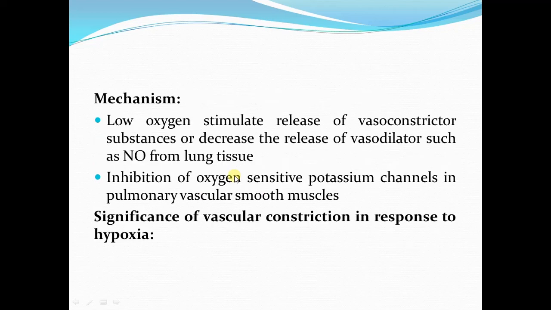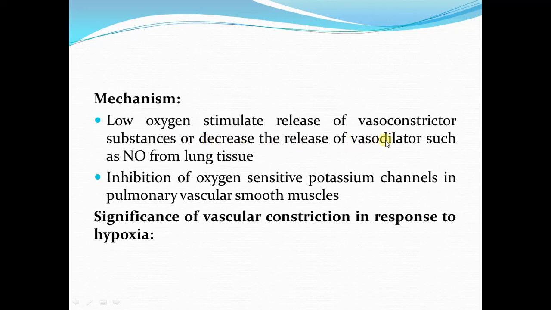Now, although the exact mechanism of this vasoconstrictor response is not known, several theories have been postulated to explain the vasoconstriction. One of these possible mechanisms is that low oxygen stimulates the release of vasoconstrictor substances, or it can decrease the release of vasodilator substances.